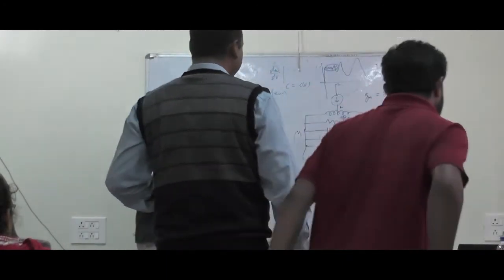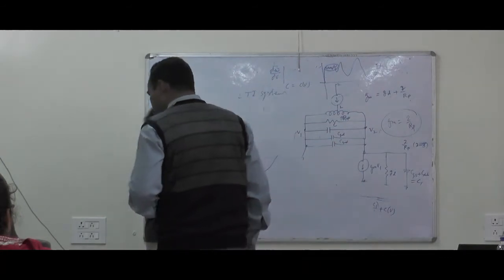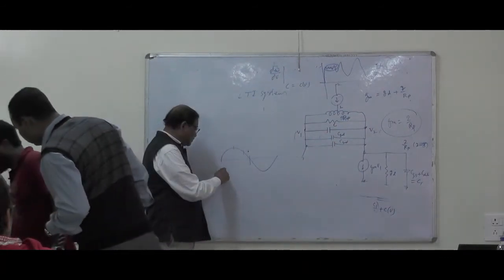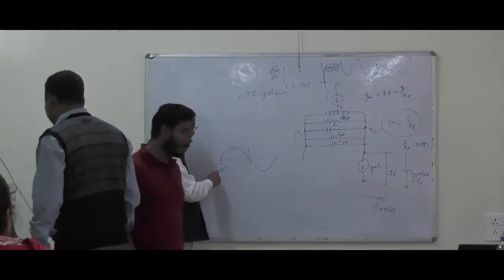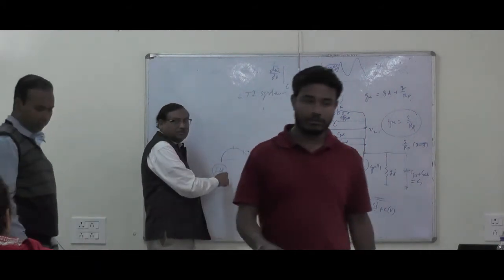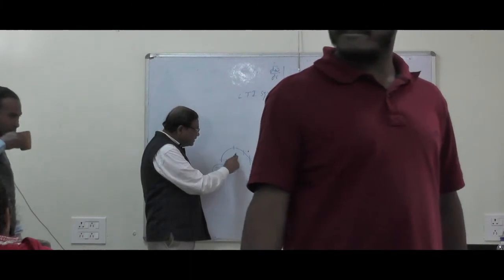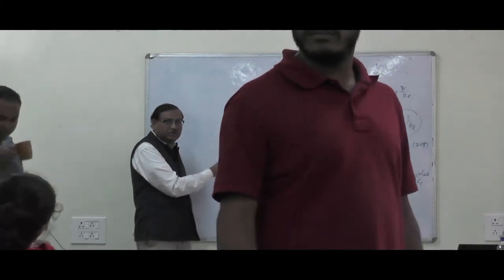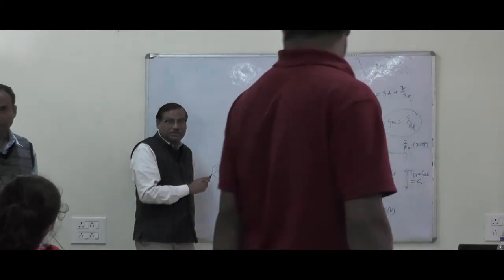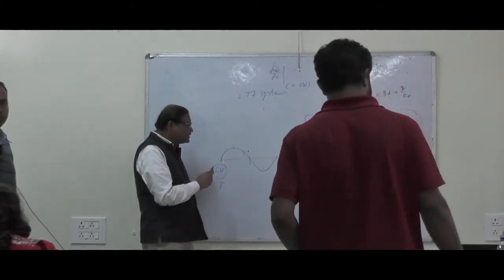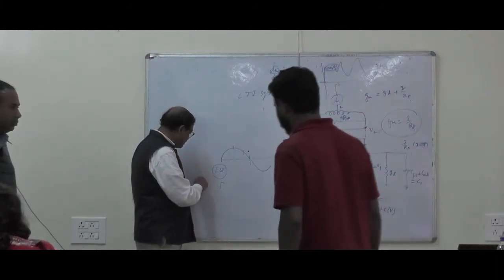So in that case, you have to define some kind of ISF function. The ISF means the impulse sensitivity function. So that gamma function will be multiplied with the convolution of the noise and the input signal. That is the contribution of Hajimiri.